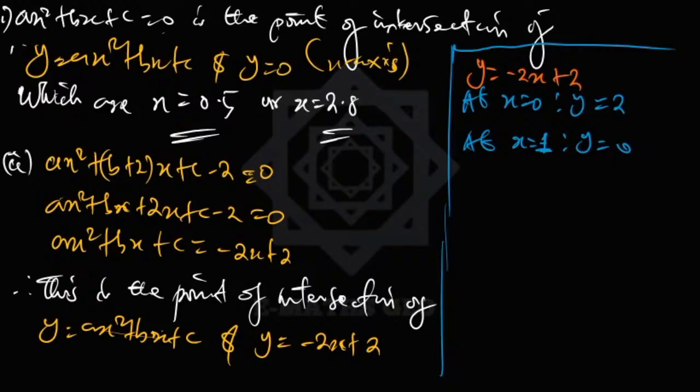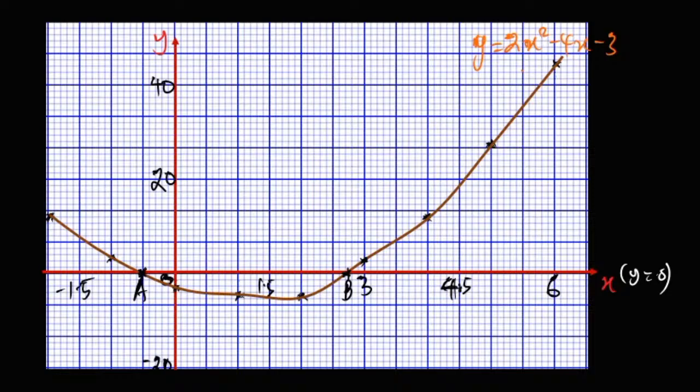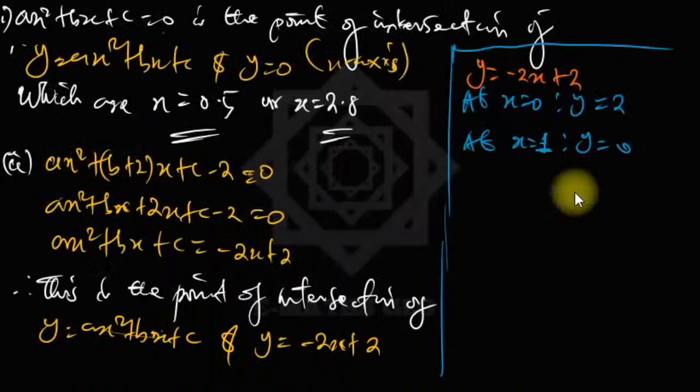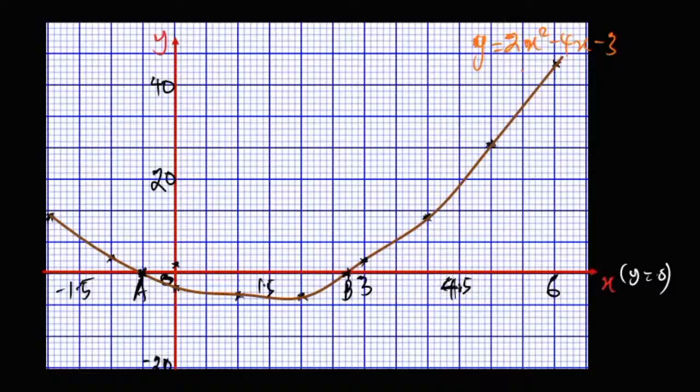So let's go x equals 0, y equals 1.5 grid lines. So 1 somewhere here, 1.5. So that's the first point of the line. So the second one, x equals 1, so 1 and 0, and so 10 grid lines.